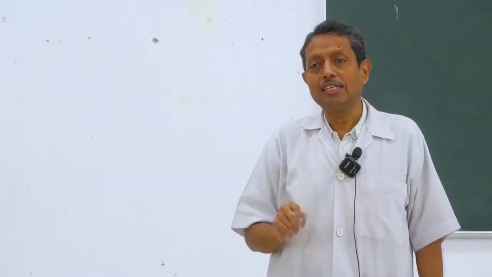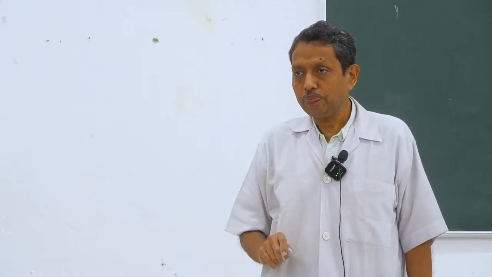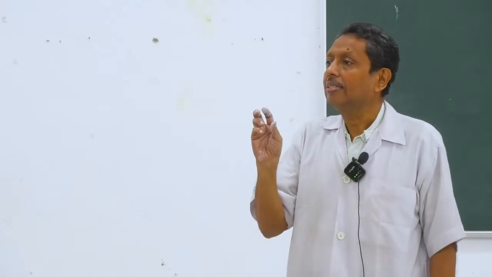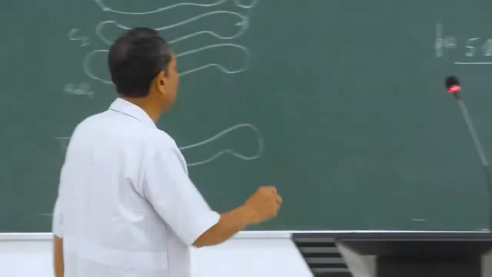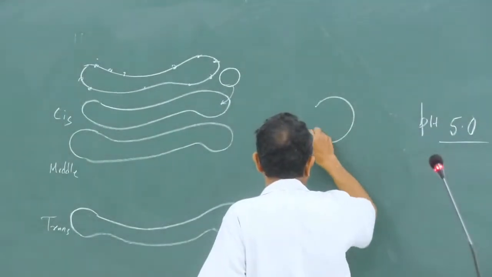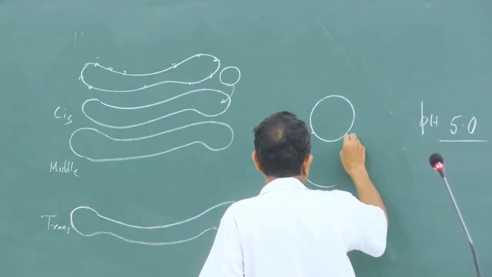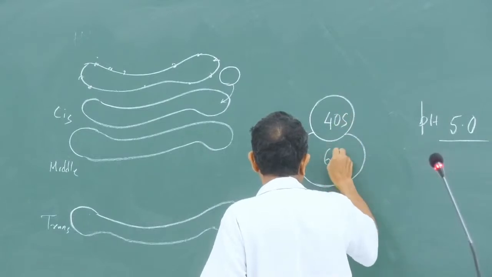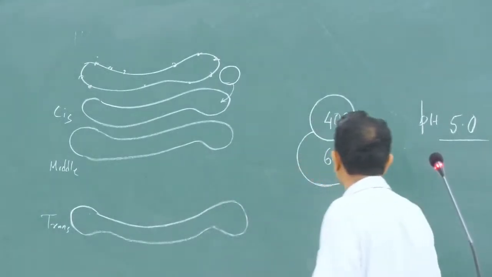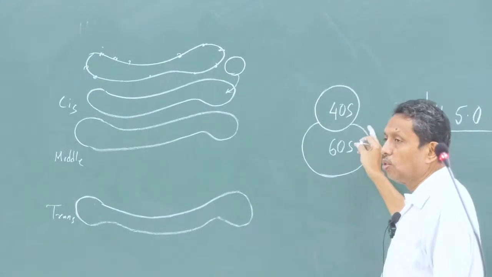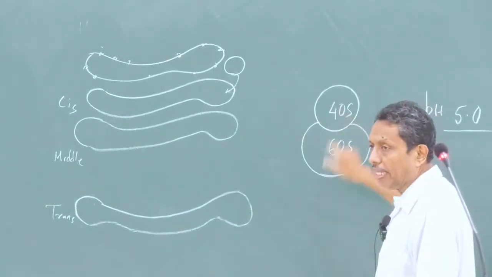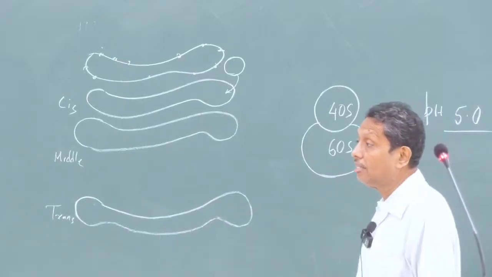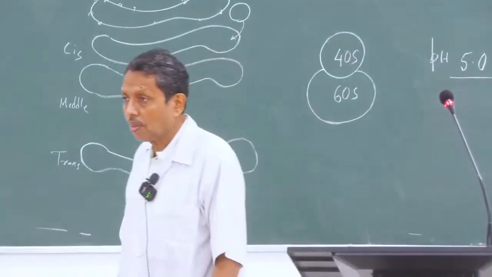Proteins are synthesized over the ribosomes, and they are structures like this, with a small and a large unit, 40S and 60S, 20 to 30 nanometers in dimension. There are two subunits, and they are the site of protein synthesis.